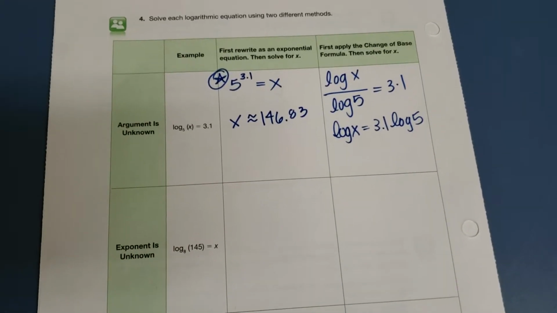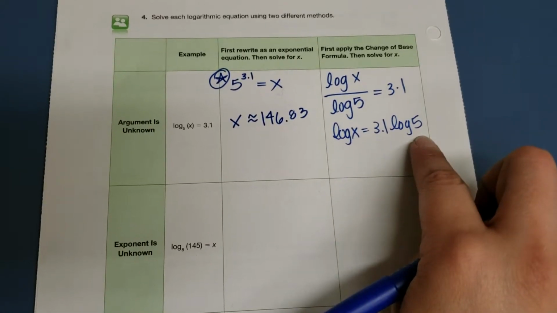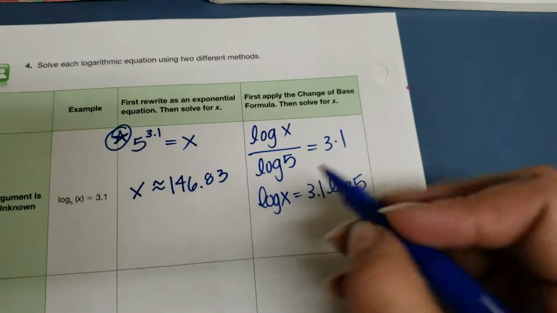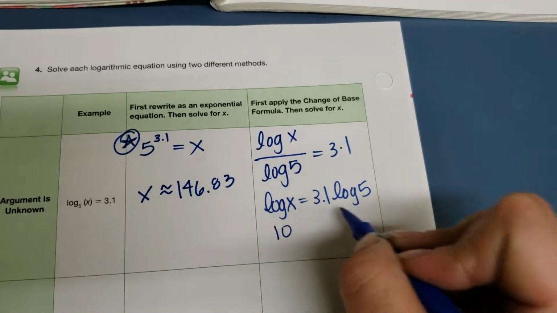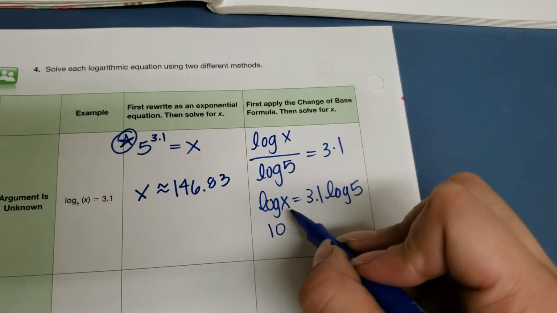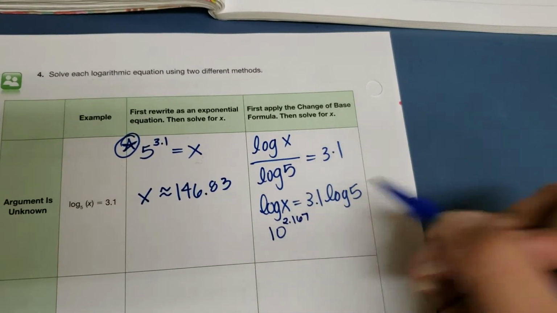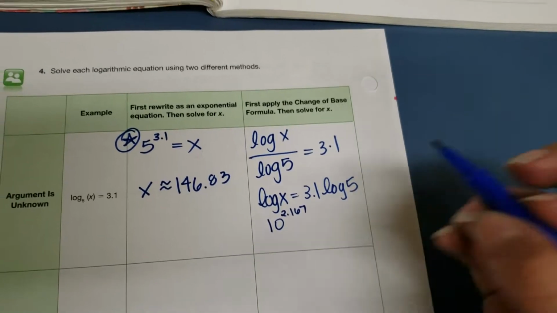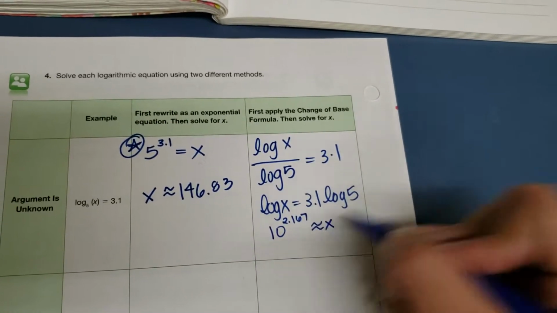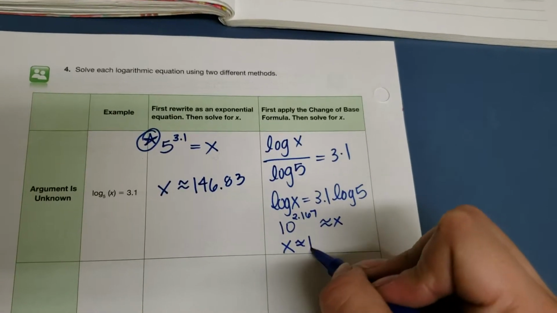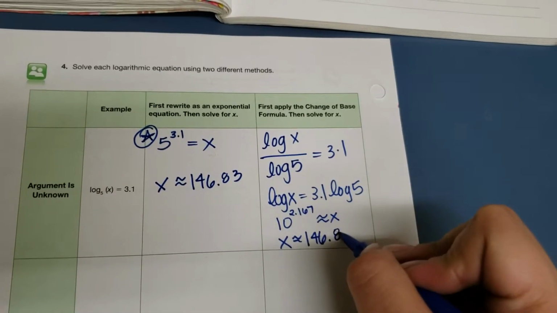And then I have to put this in my calculator and convert back to exponential form. So then I would have 10 to whatever this approximation is. And I believe, if I'm correct, it's 2.167. I don't have a calculator here with me right now, but that would be approximately x. And then we should get the same answer, 146.83.